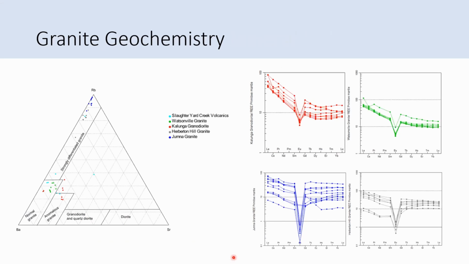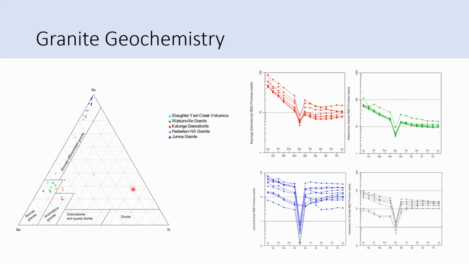I'd just like to use these plots to highlight what we are talking about when we say fractionated granites. The fractionated granites that I sampled were the Herberton Hill granite and the Jumna granite, and those are the ones that actually host tin mineralization in the region. These granites have a high rubidium content compared to normal granites and granodiorites.